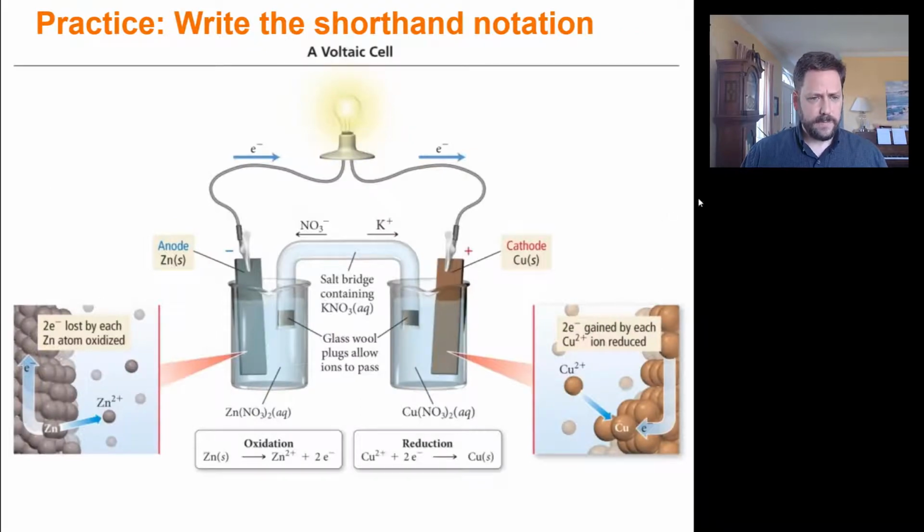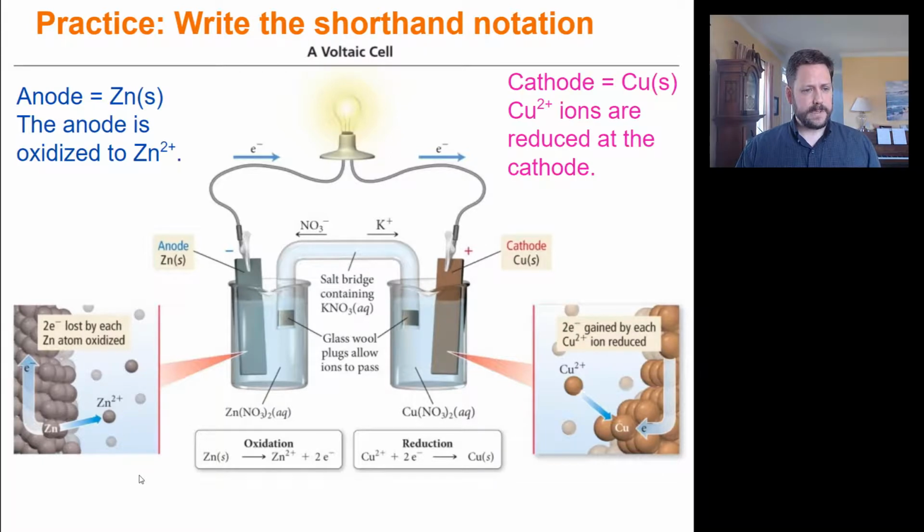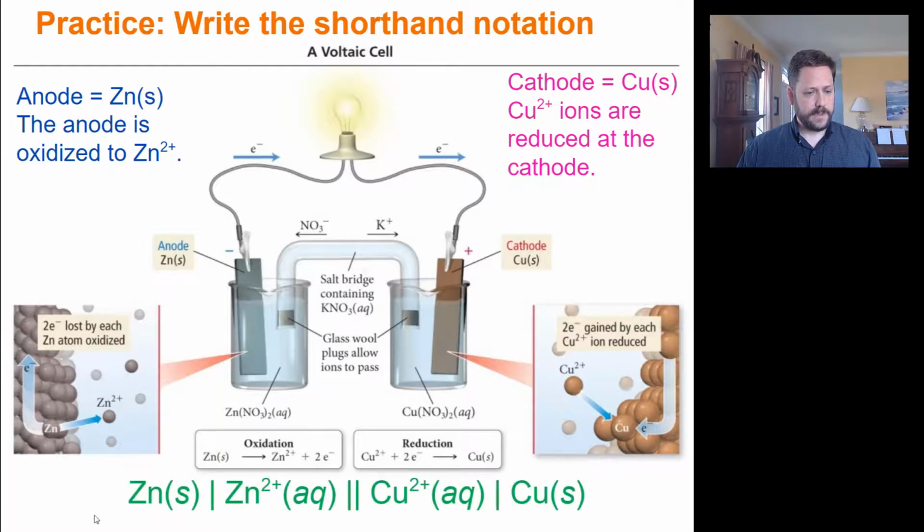For instance, if we wanted to write a shorthand notation for this particular cell we've looked at, we would start by writing zinc in the solid state, because that is the anode where zinc is oxidized. Anode comes first, and then a single line. The phase barrier separates the solid zinc from the zinc ions in aqueous solution.